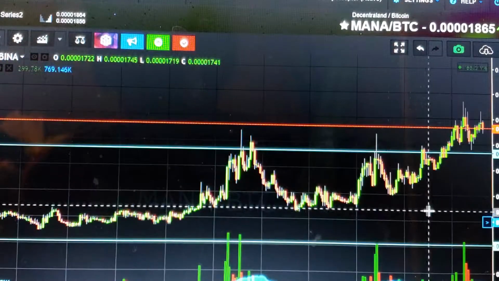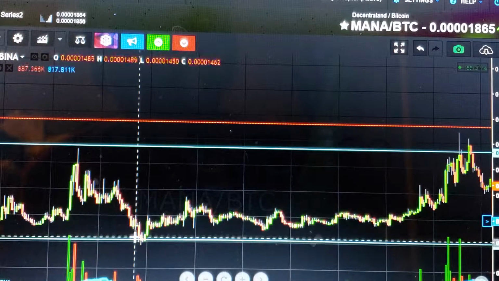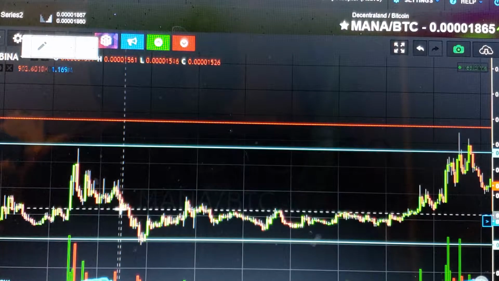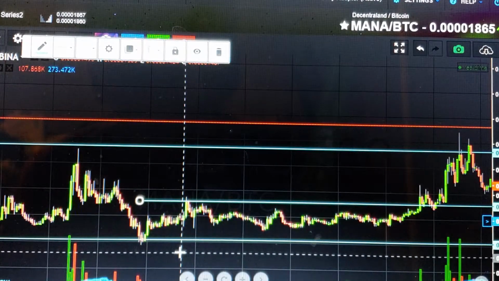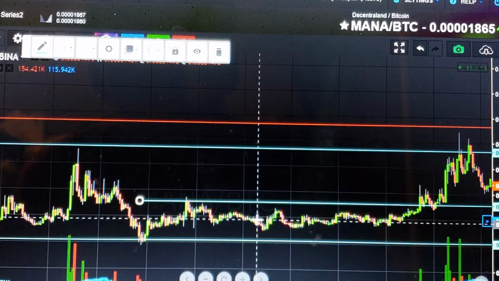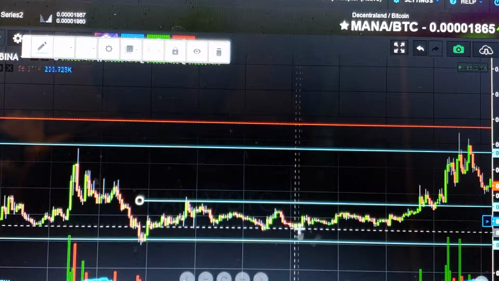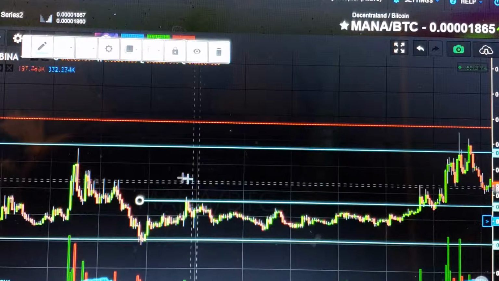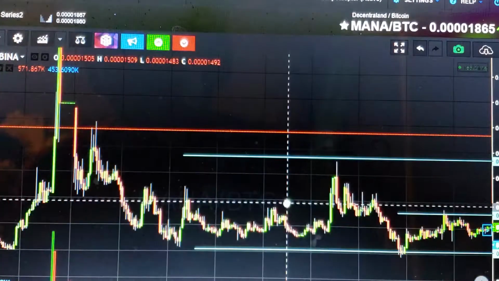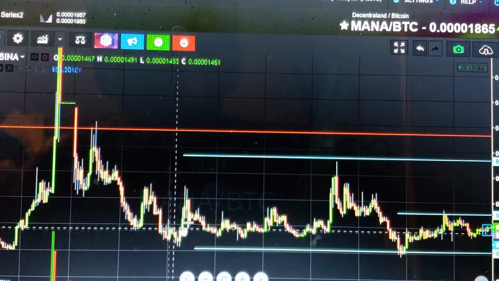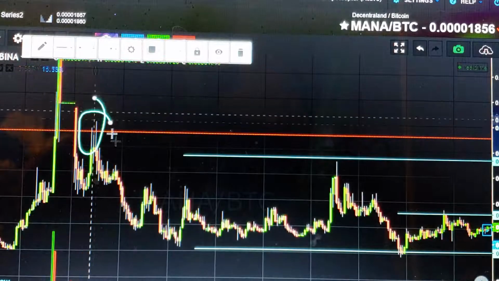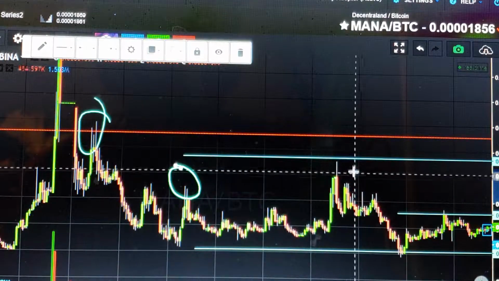So we know that that's our safe zone. So you could play all this. Buy a little bit, sell a little bit, buy a little bit, sell a little bit, because every so often you get this, you get this.